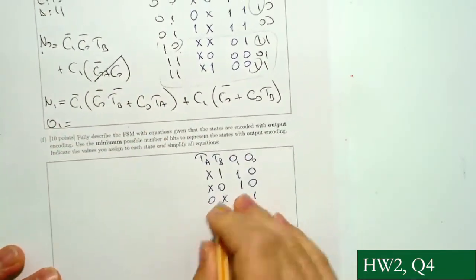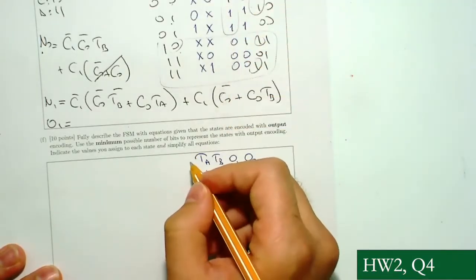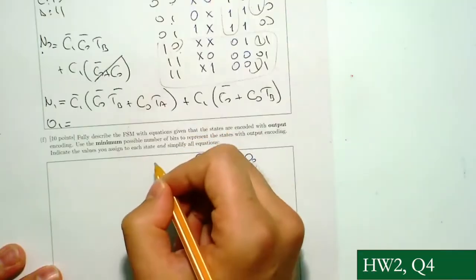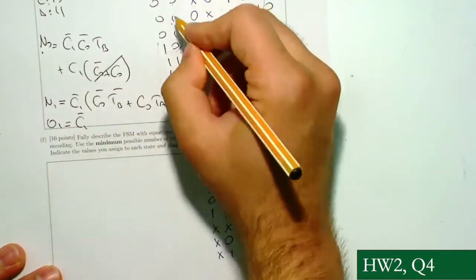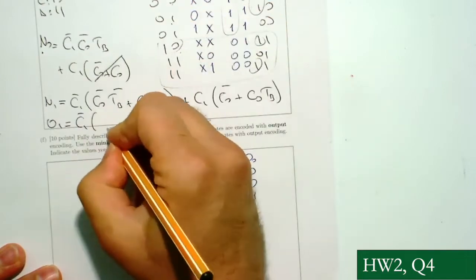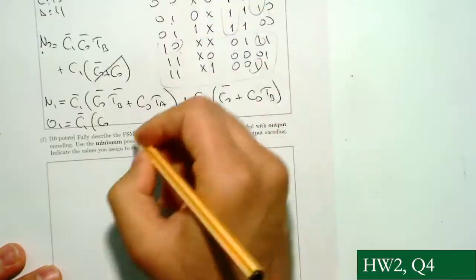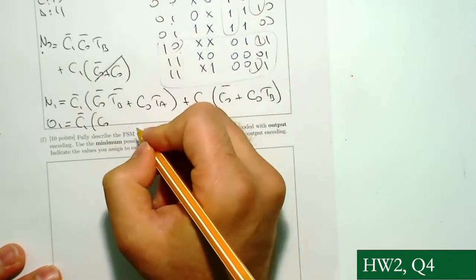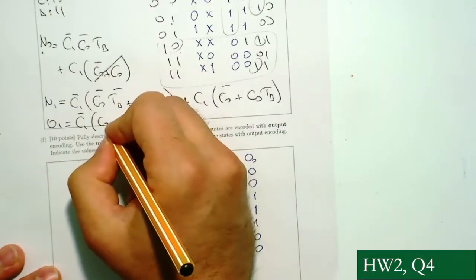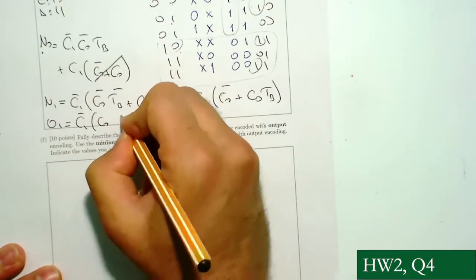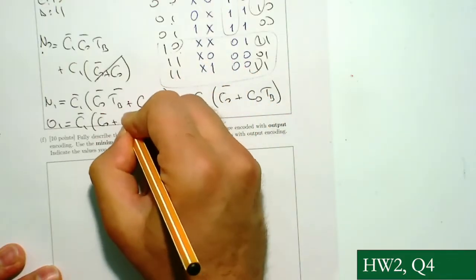For O1, I have 1s here. So this means that C1 is always 0. For that one, if I have C0 not, this also doesn't depend on the input. I guess only C1 here. Yeah, only C1, but that's right. C0 not or C0.